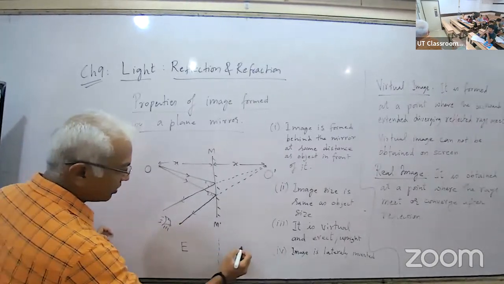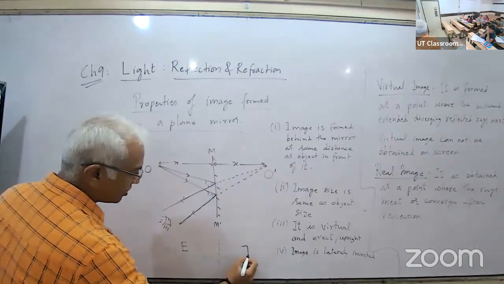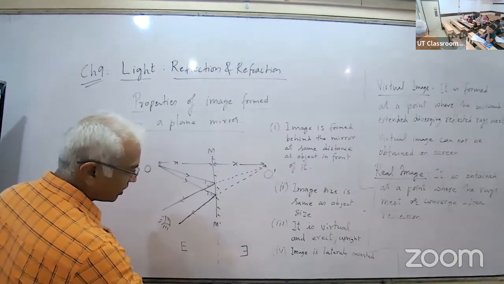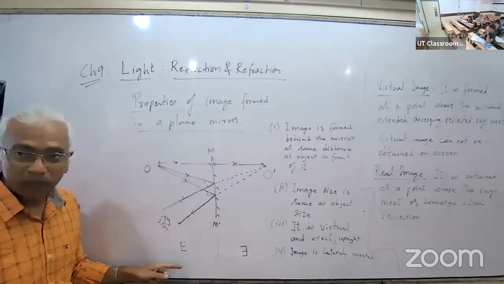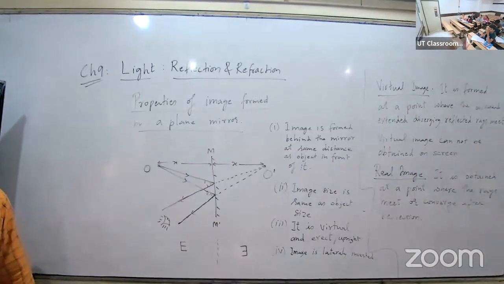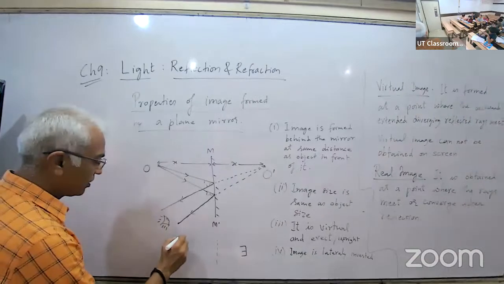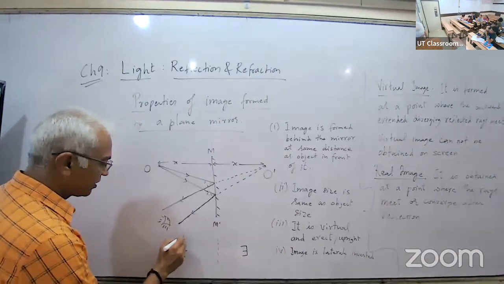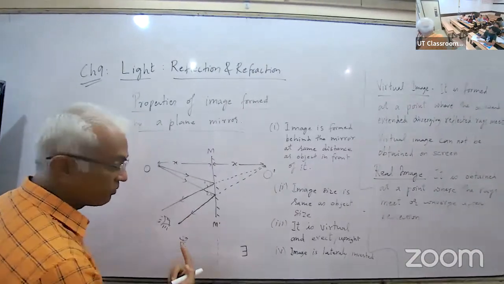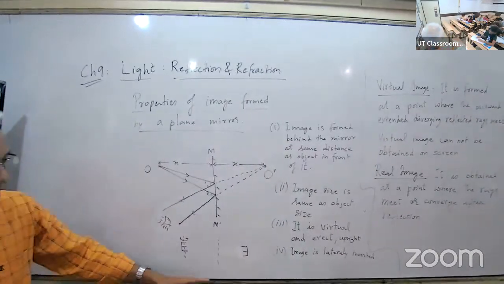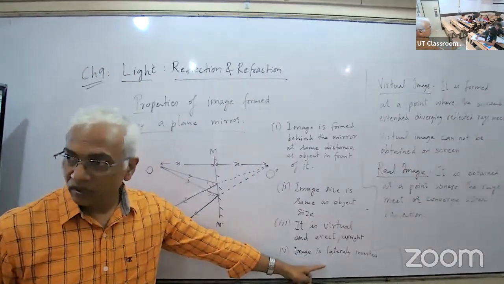This is farther. So this is how the image will be obtained. Okay? Correct? So the image is flipped horizontally around the vertical axis. If you have a vertical axis like this, there will be horizontal flip. This is called lateral inversion.